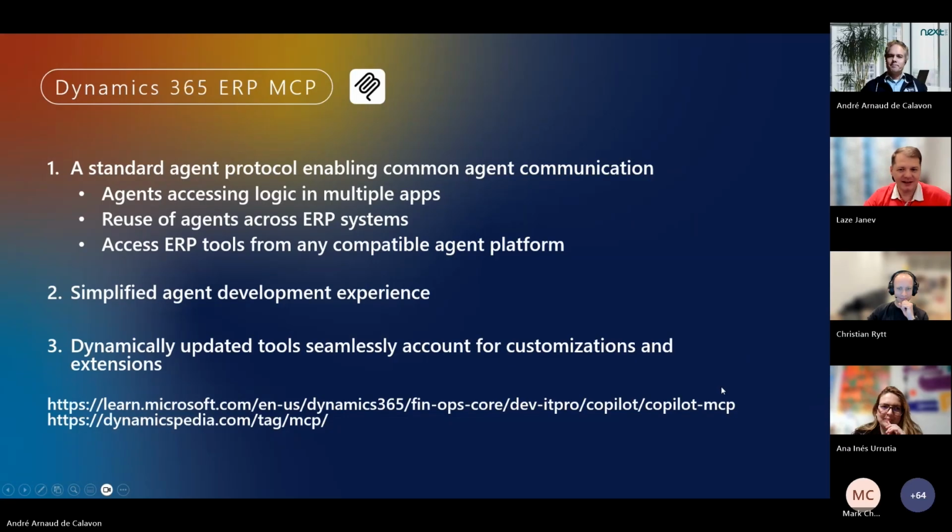Yep. You can take this one as well, Lasse. Right. So what bombed on the world, if you've seen a lot of YouTube videos, LinkedIn probably exploded. It was for quite a while in private preview, and we tested it with Jared. It was very cool. It is the Dynamics 365 ERP MCP agent. What is this? MCP is the Model Context Protocol.